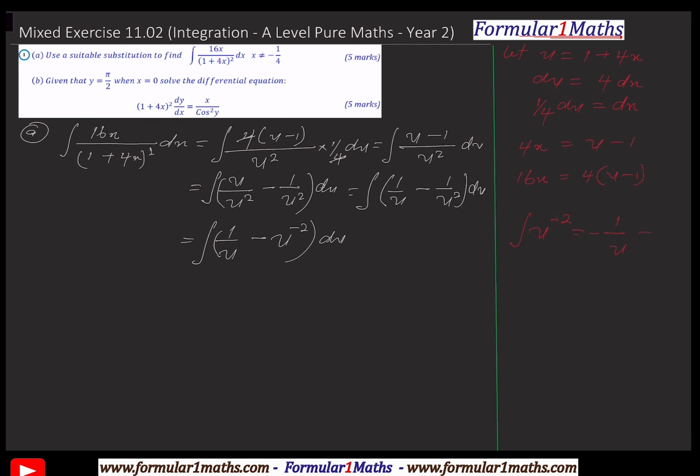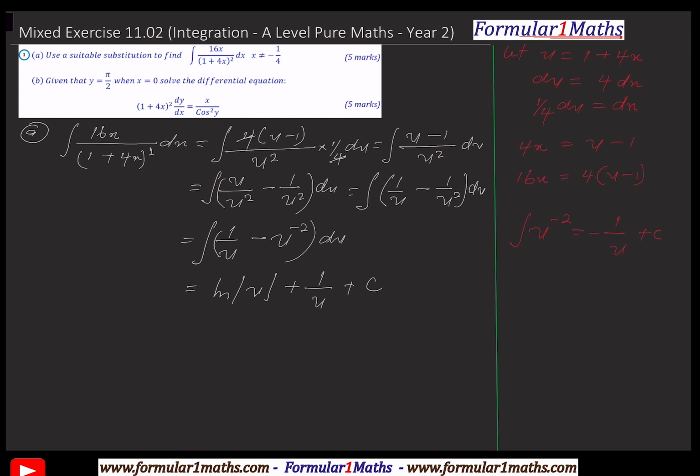And I'll get my integration constant here. And so the whole of this integration becomes ln u plus, because this is negative, and negative becomes positive, 1 over u plus your integration constant.